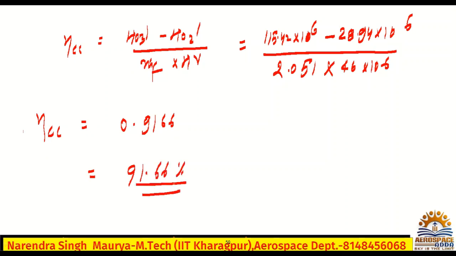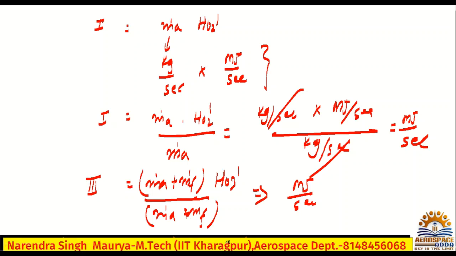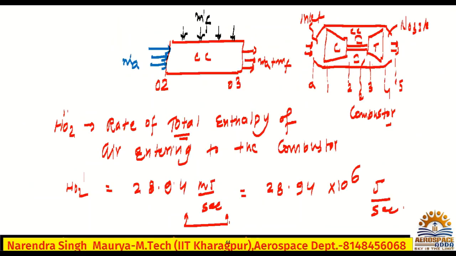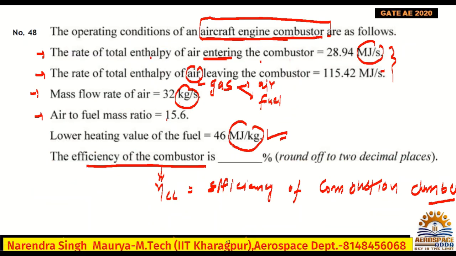This is the fill in the blank. It is a percentage, so you have to write 91.66. If it were not a percentage, then you would write 0.9166. Since they have given percentage, it is 91.66. This will be your answer.